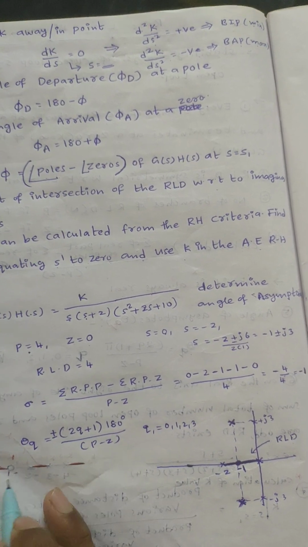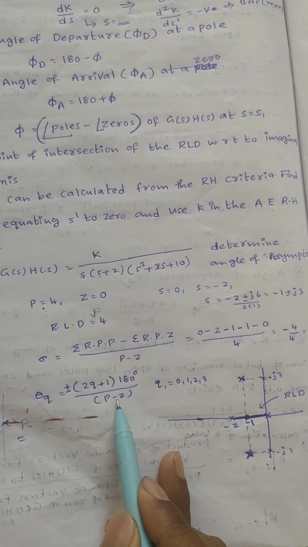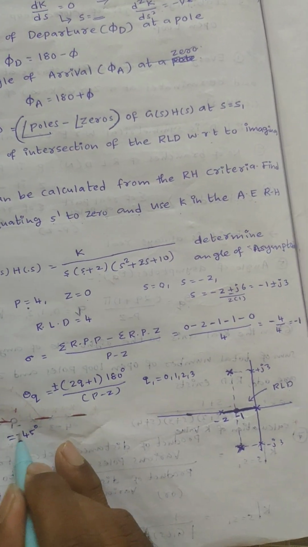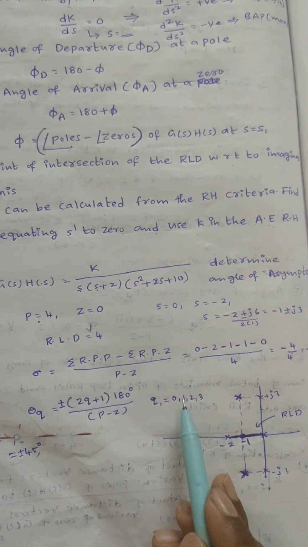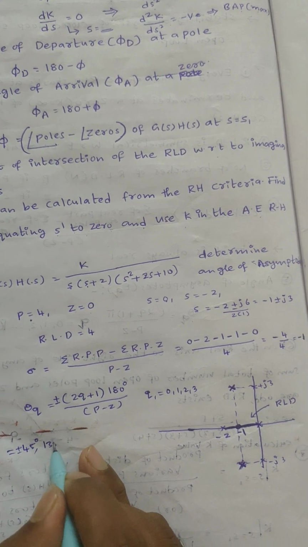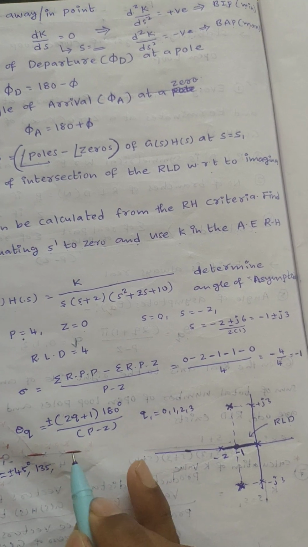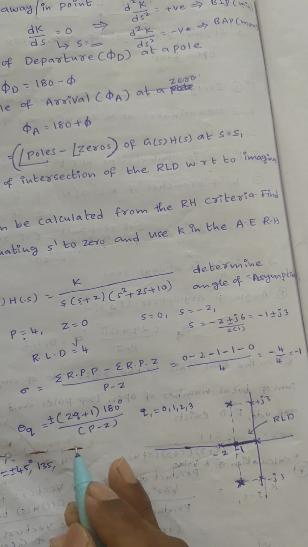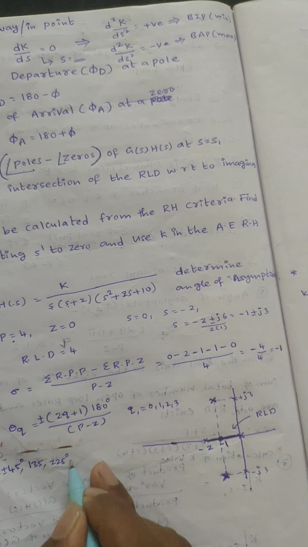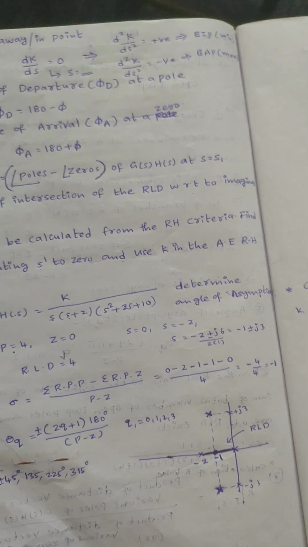If q = 0, 180 by 4, that is 45 degrees. For q = 1, 3 times 45, that is 135 degrees. Next, q = 2 gives 5 times 45, that is 225 degrees. Next, q = 3 gives 315 degrees.